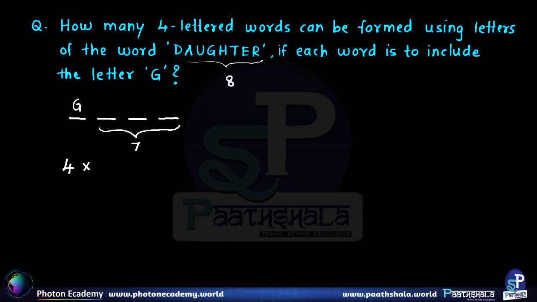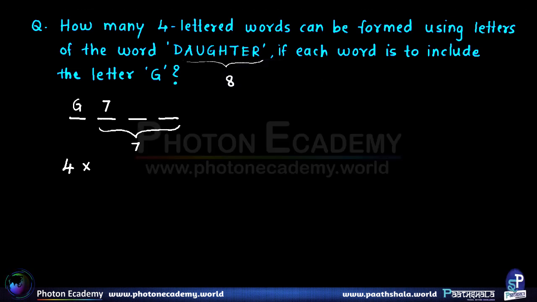Now if you start filling up the places, one of the places can be filled with 7 letters and the next one can be filled with 6, and hence the last one can be filled with 5. So that's what we do here.